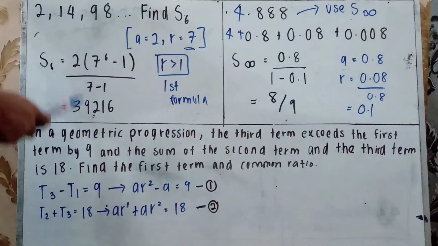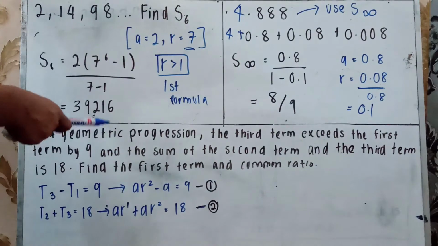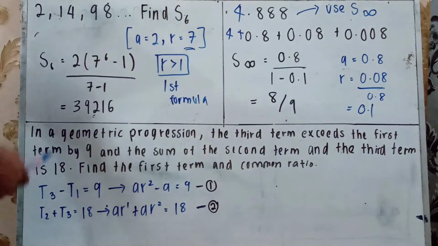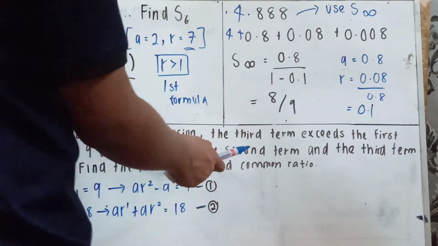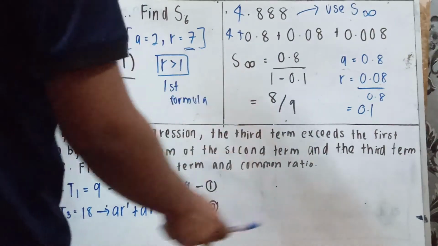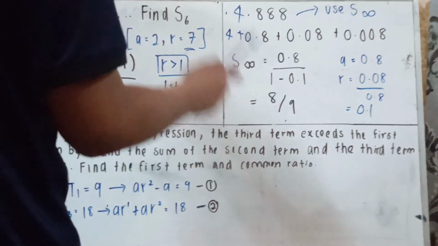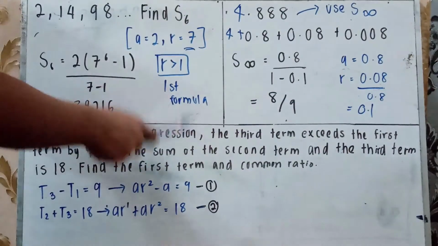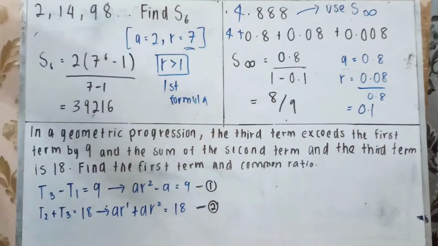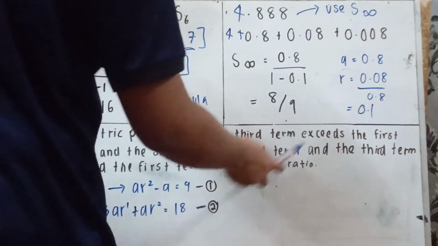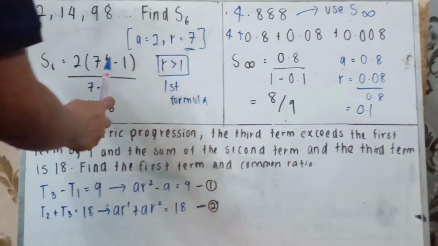Okay, this is a medium level question in geometric progression. The third term exceeds the first term by 9 and the sum of the second term and the third term is 18. Find the first term and common ratio. It told us that the third term exceeds the first term by 9.